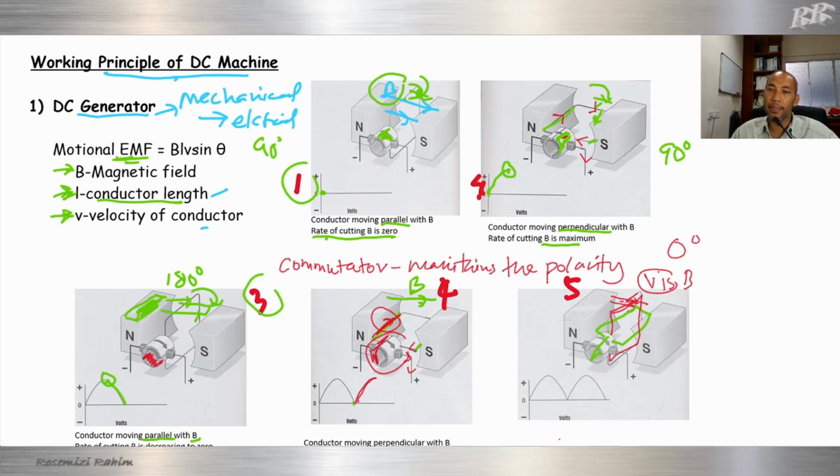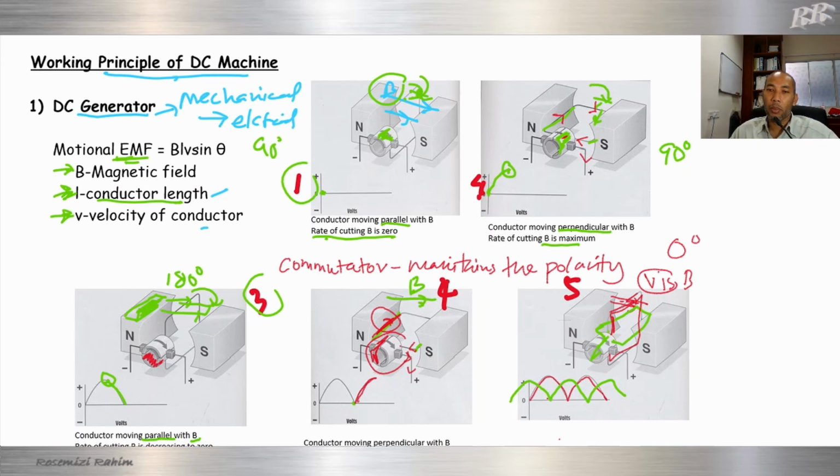The displacement is 90 degrees. The next waveform is generated from this red color, the waveform of the red coil. Now I want to change to the green coil, so the green coil generates the green color. The displacement is 90 degrees due to the 90 degree displacement of this conductor.